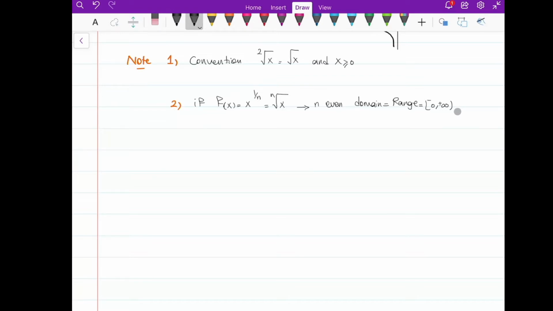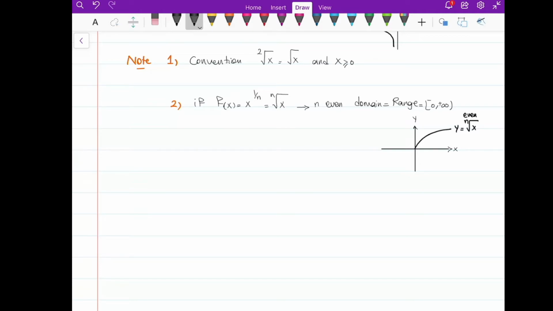And the graph of it looks like this. X-axis, y-axis, it looks like this. So this is the graph of the nth root of x when n is even.